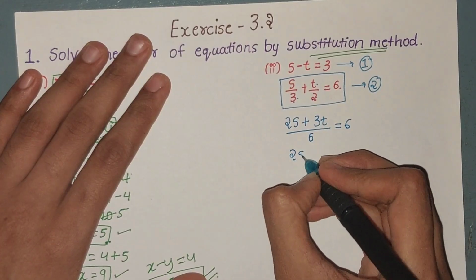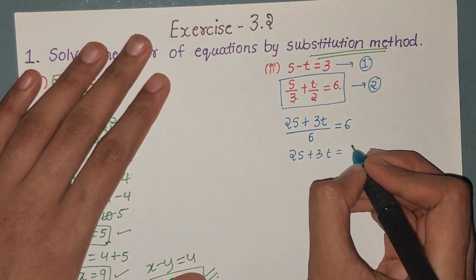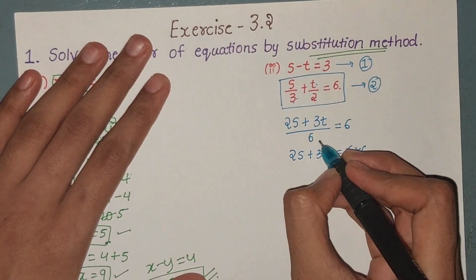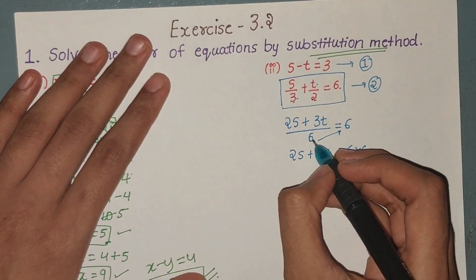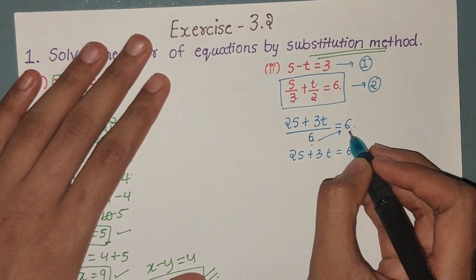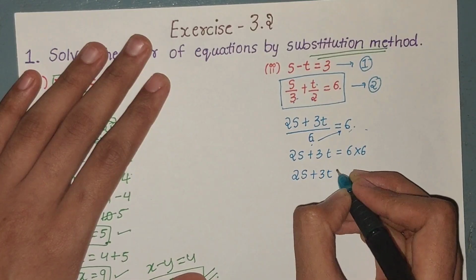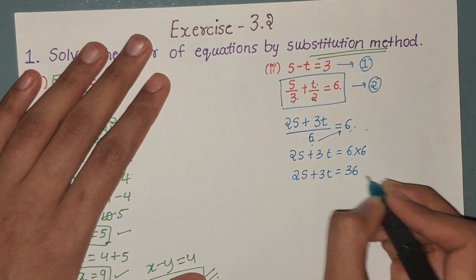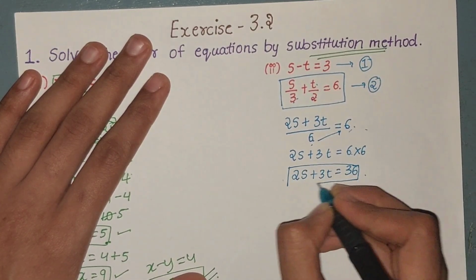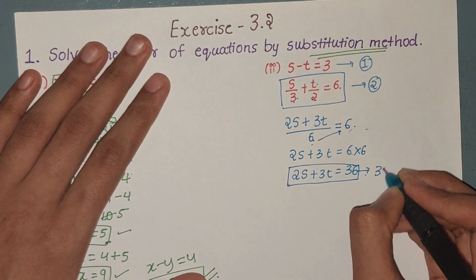Now 2s plus 3t is equal to 6 into 6. Why? You're going to send this 6 here, so when you send it from here, it is going to get multiplied. 2s plus 3t is equal to 6 into 6, 36. So this is my third equation.